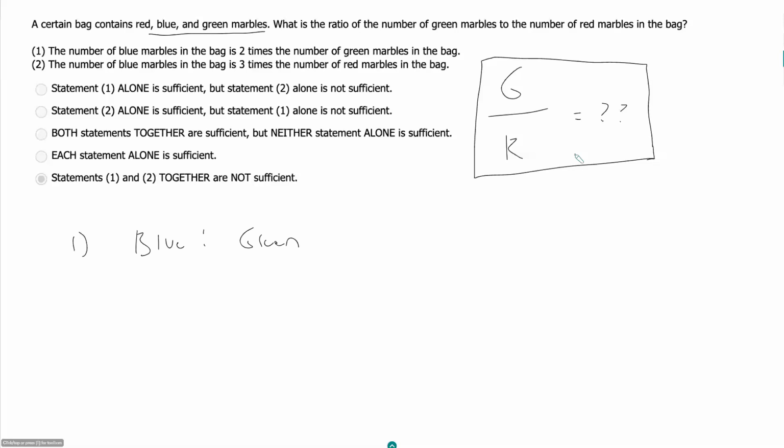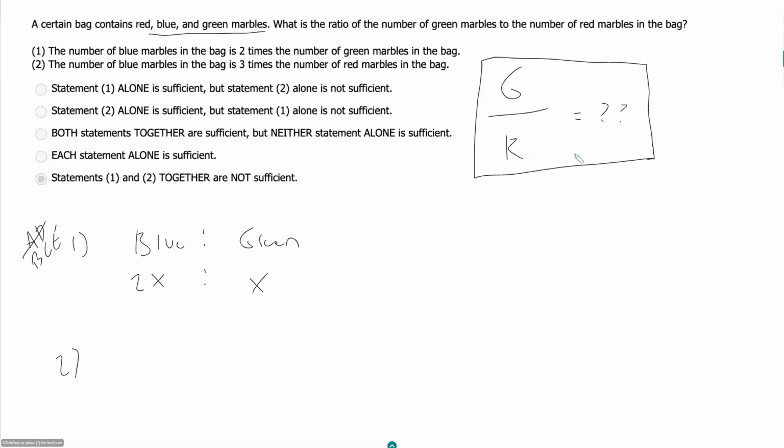So if we have x green marbles, we should have 2x blue marbles. This tells us absolutely nothing about our red marbles, though, and so we cannot find our green over our red, and this will be insufficient.